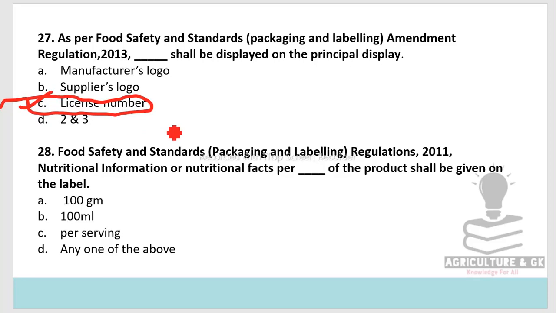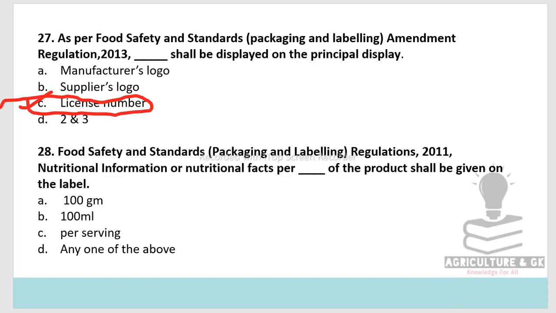Now moving next, Food Safety and Standards, Packaging and Labeling Regulations 2011. Nutritional information or nutritional facts per blank of the products shall be given on the label: 100 gram, 100 ml, per serving, or any of the above.